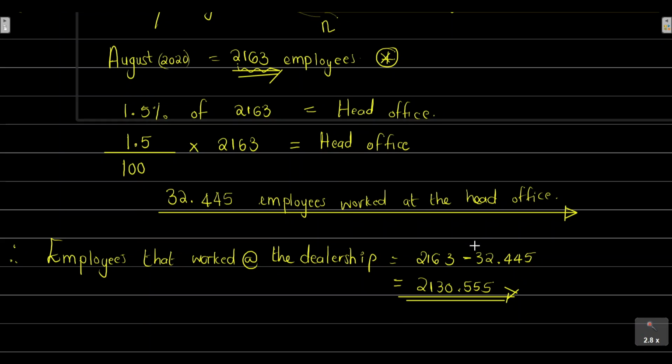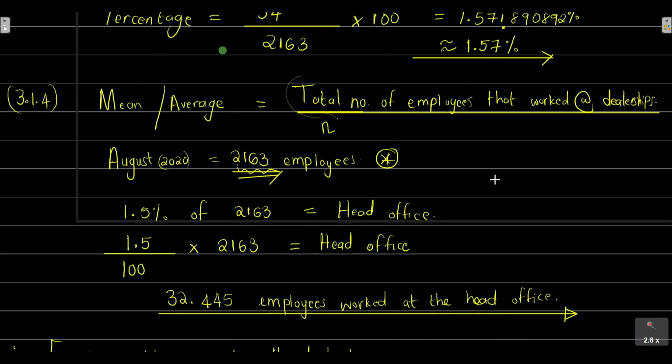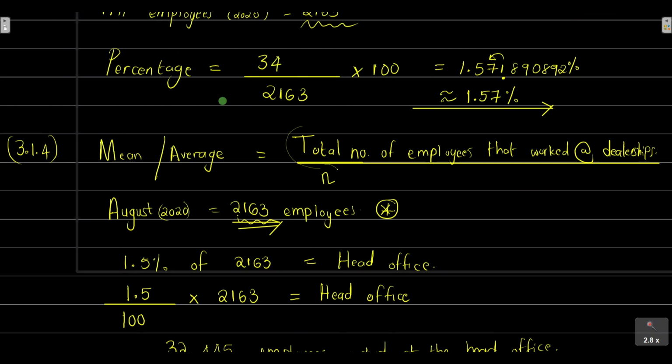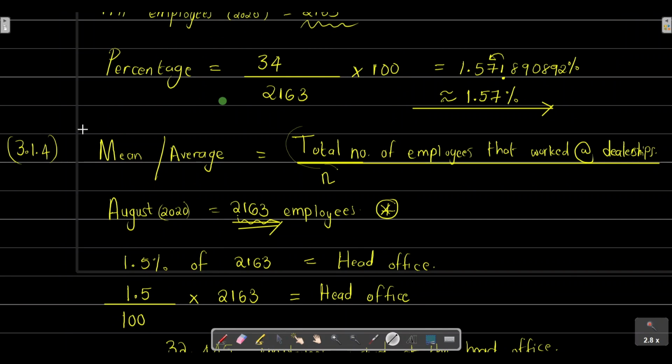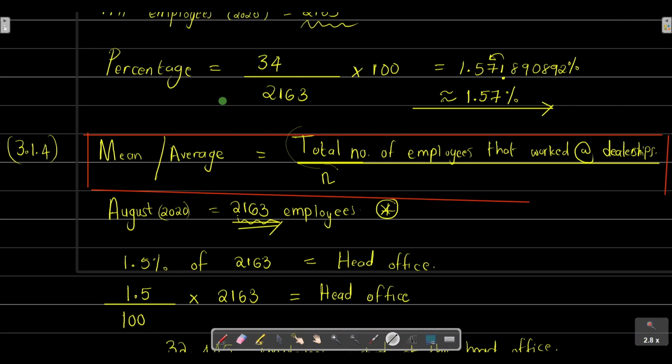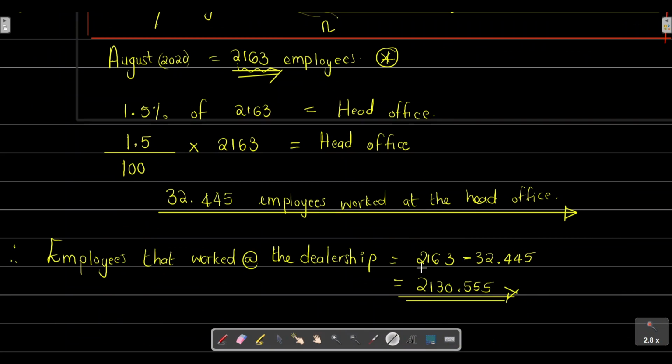All right, so we're going to substitute these values into the original formula, where the mean is equal to the total number of employees that work at the dealerships divided by the total number of dealerships that we have.